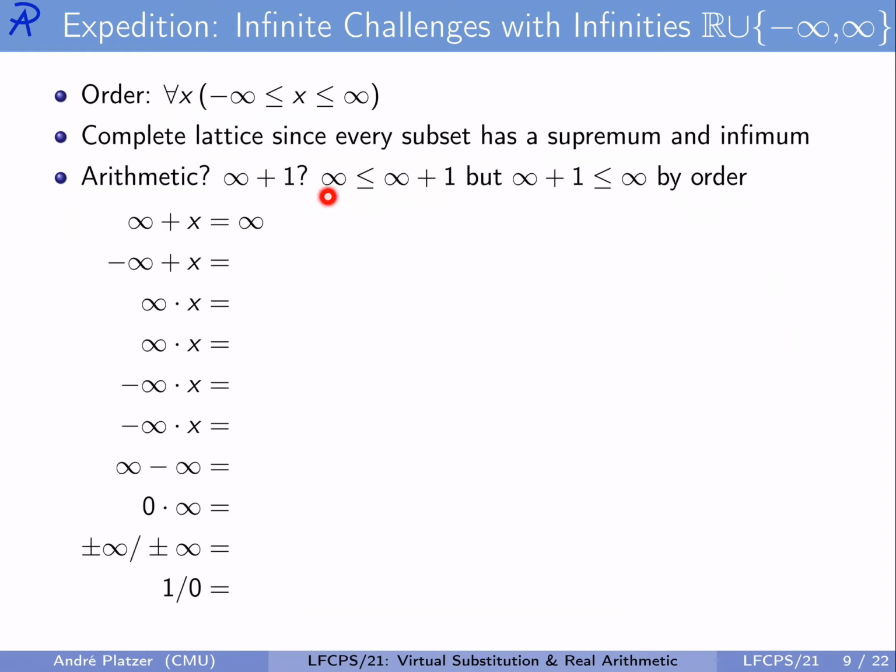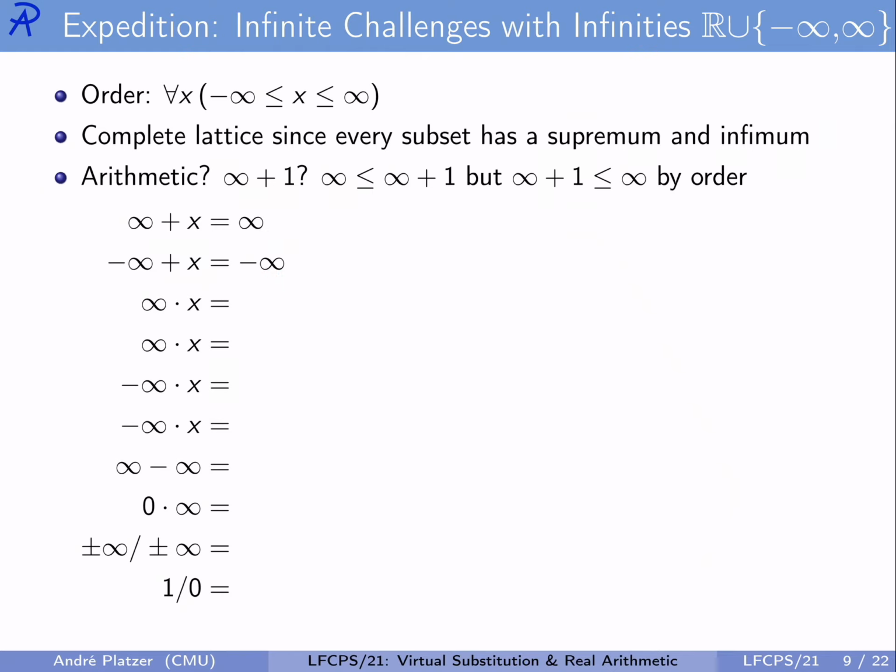So certainly infinity is less or equal than infinity plus 1 because we added 1. But because infinity was the biggest one, also infinity plus 1 needs to be less or equal infinity. So infinity plus 1 and also infinity plus x is actually infinity. That's weird, right? Minus infinity plus x is then minus infinity, so they're magnetic in a certain sense, the infinities.